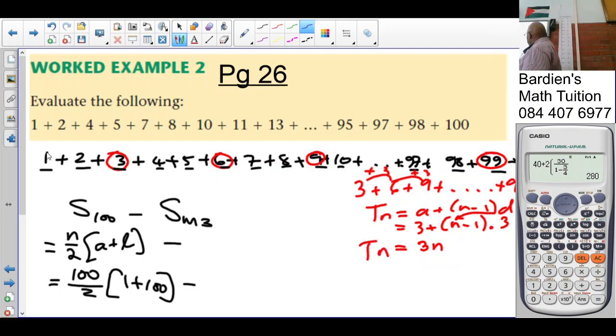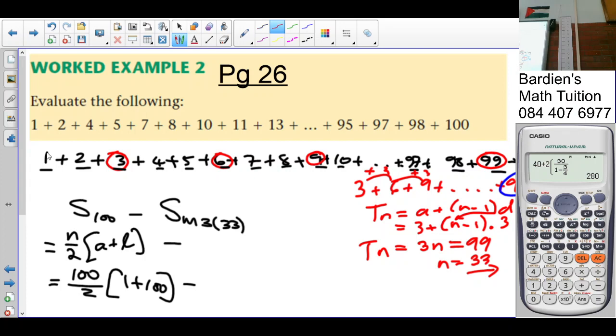So we set 3n equal to Tn, so it's going to be equal to 99. So n is going to be 33. So there's 33 multiples of 3. Can you see that? So how are we going to work out the sum of these terms? The sum of the multiples of 3 is going to be 33 of those.